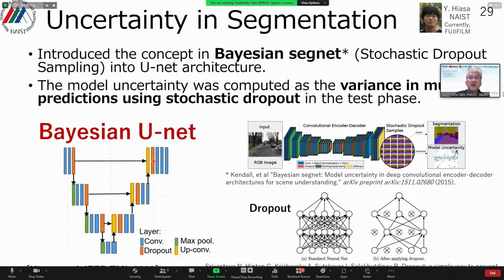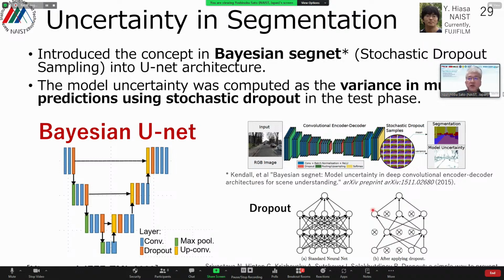He inserted a dropout layer. What is dropout? If deep learning is trained very well and some dropout happens, so some connections are deleted, the result is very stable. But if some parts are not very well trained, then if dropout happens, the result will be very unstable.